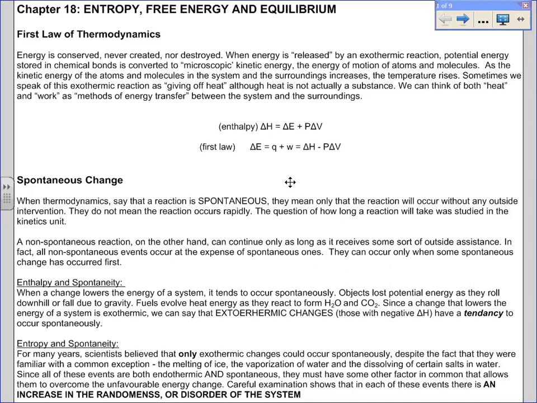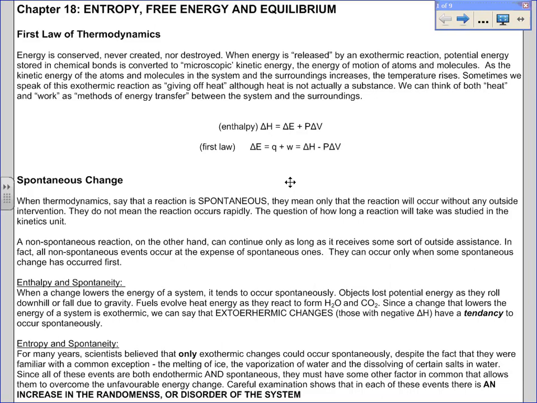That's why kinetics and thermodynamics are discussed in tandem, because there are two points of consideration. One is to consider whether a reaction can occur without any outside intervention, which is thermodynamics, and the other is to study whether or not a reaction can occur at a reasonable pace, which is what we study in kinetics.